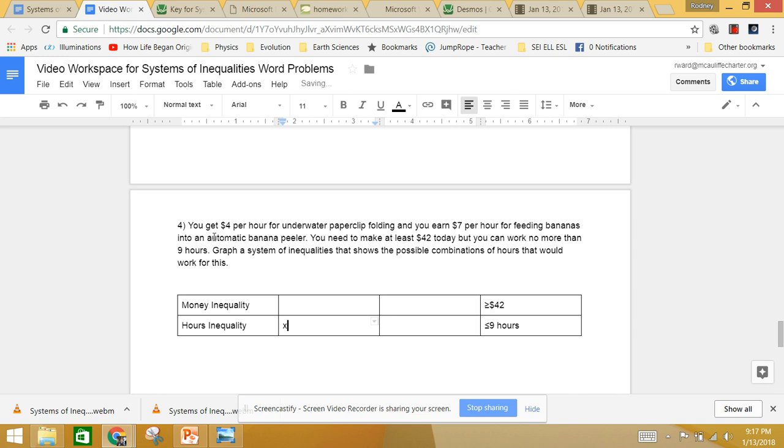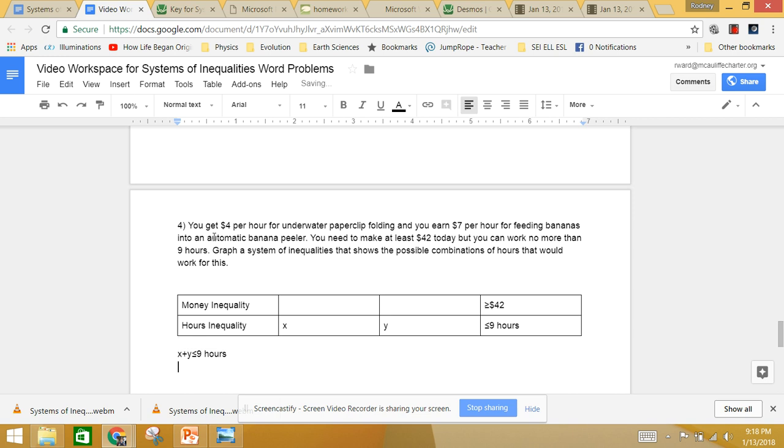So I'm going to use X for the underwater paperclip folding work hours, and Y for the banana peeler hours. So I've got an inequality now of X plus Y is less than or equal to 9 hours.